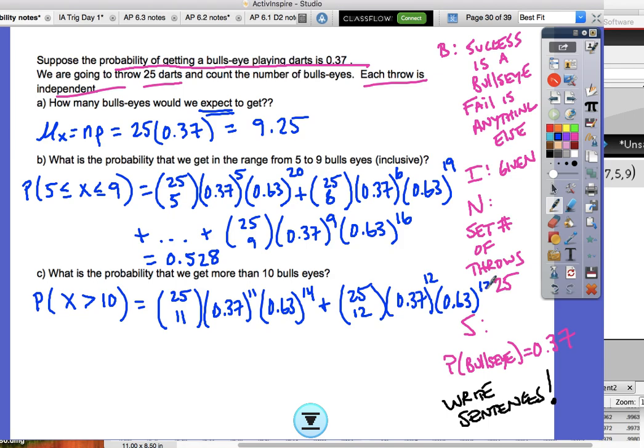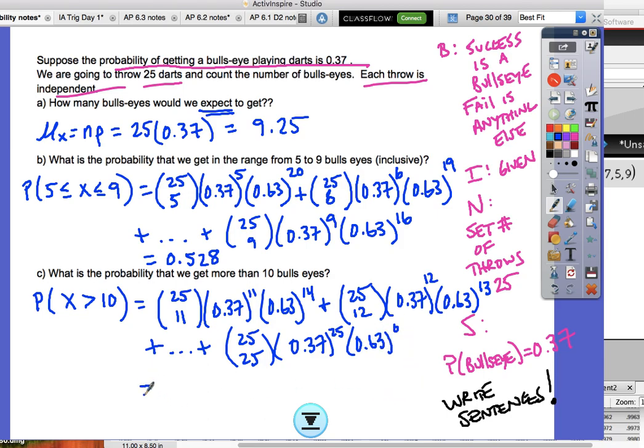And then I'm running out of room, plus dot dot dot plus. And then what would be the highest bound? If I'm going greater than 10, I start at 11, and the highest I can go is 25, because all I'm throwing is 25 darts. So it'd be 0.37 to the 25th, and then 0.63 to the 0.